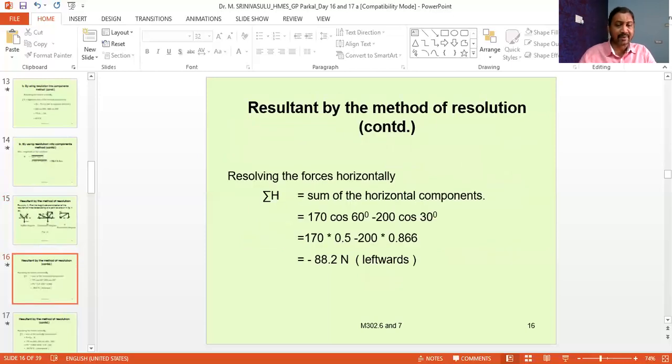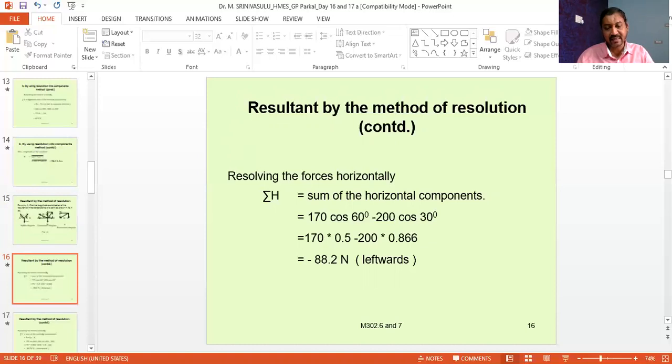So the algebraic sum is equal to 170 into cos 60 minus 200 into cos 30. So this is equal to 170 into 0.5 minus 200 into 0.8660.